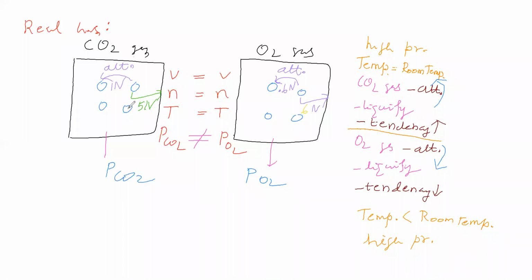Carbon dioxide molecules collide with less force, whereas oxygen molecules collide with higher force. So compare the pressures exerted by oxygen gas and carbon dioxide gas. Which pressure is higher? One student says oxygen is exerting higher magnitude of pressure when compared to carbon dioxide.